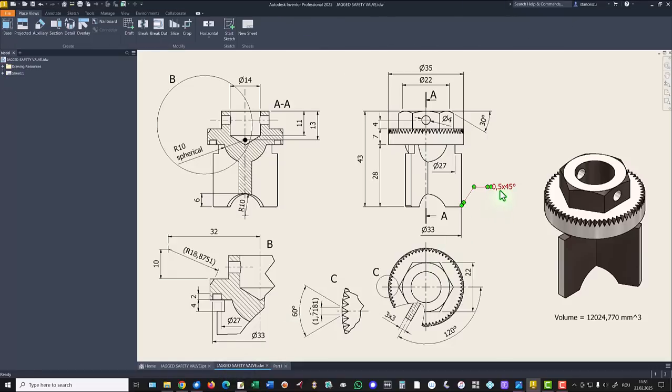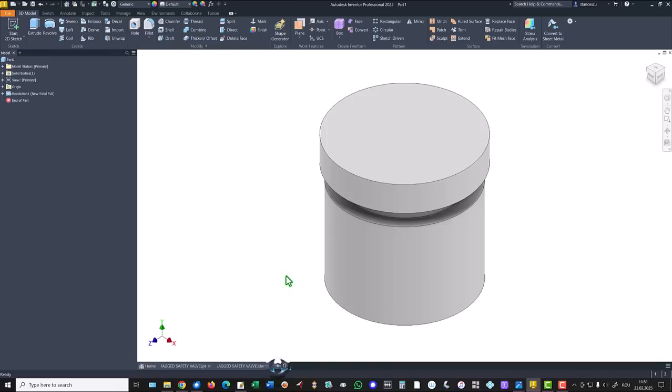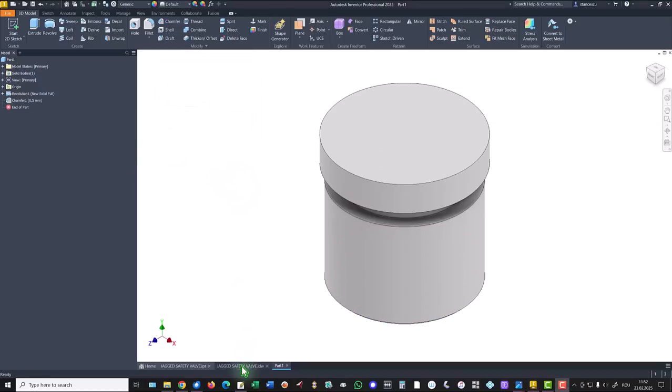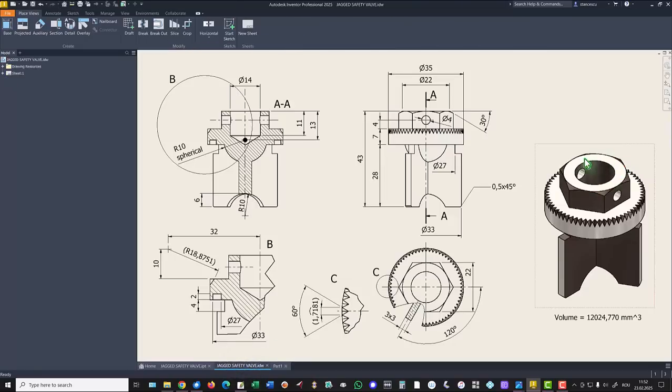The part has a chamfer, and now is the moment to apply that chamfer 0.5 at 45. Next is this hexagonal feature with dimension 43 minus these two dimensions and this dimension.